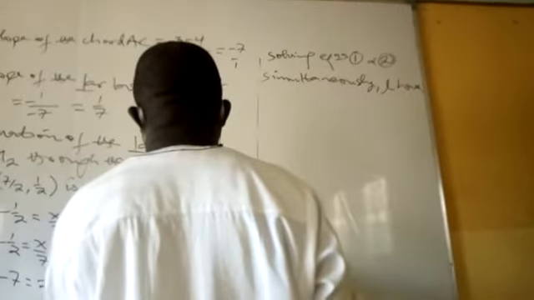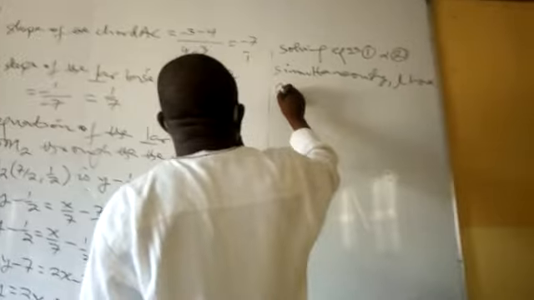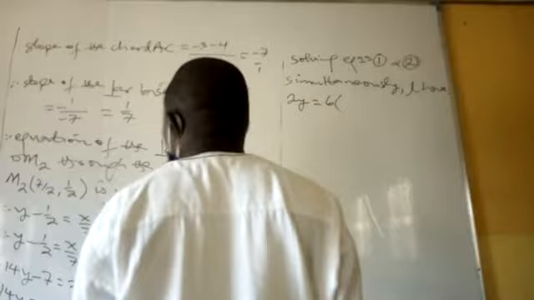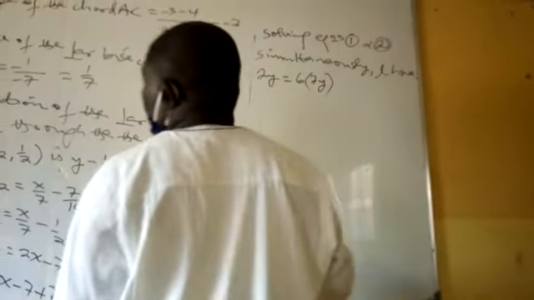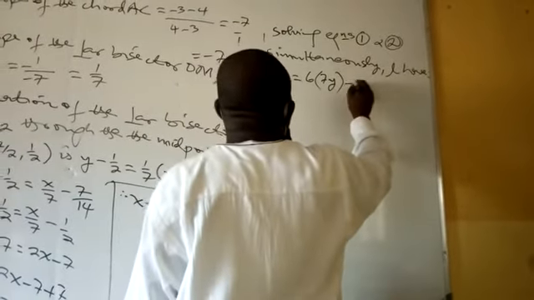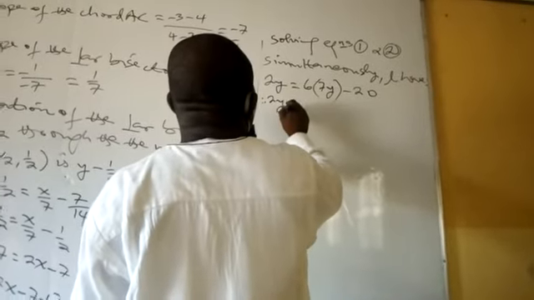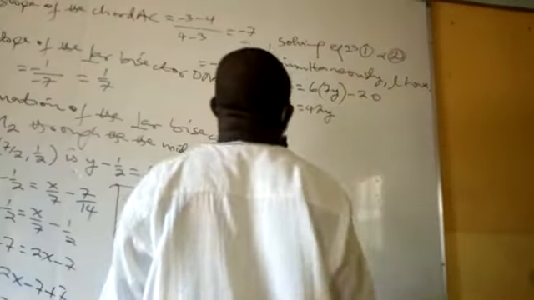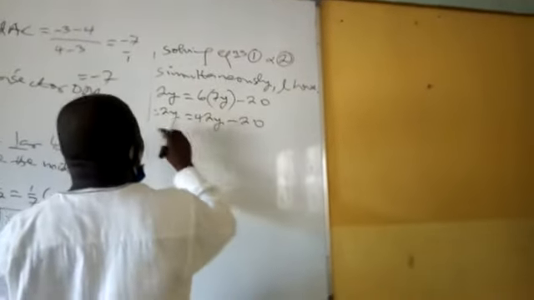Wherever I see x, I write 7y in equation 1. So I will have 2y is equals to 6 into 7y minus 20. So I have 2y is equals to 42y minus 20. Take this one across.